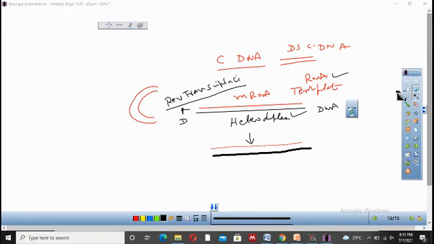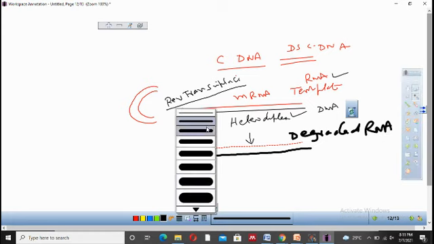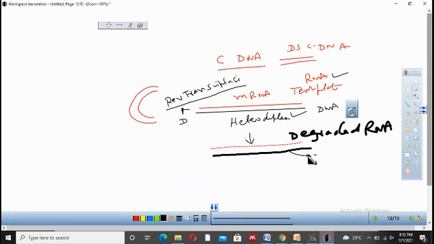This is the degraded RNA, and this is the DNA. After that, this will now act as the template, and another new strand will be synthesized from 5 prime to 3 prime.